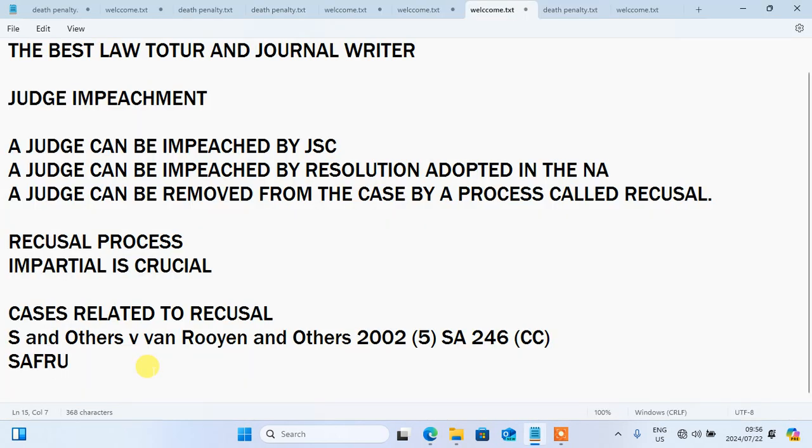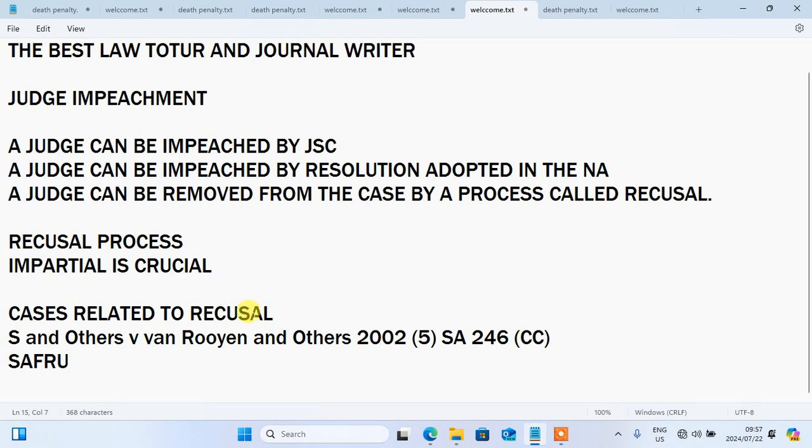In brief, today we learned about the impeachment of judges, which can be done by the JSC, and the resolution adopted in the NA, after which the president will actually remove the judge. And then I said that there's a removal from the case or the legal proceedings by the process of recusal, where the judge is recused.